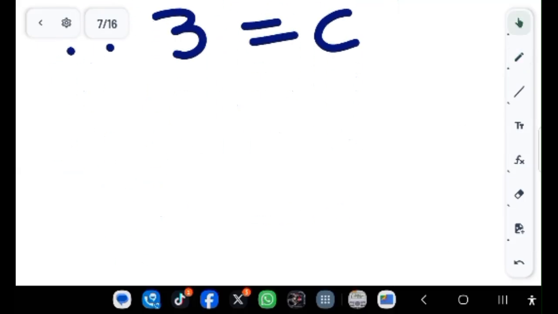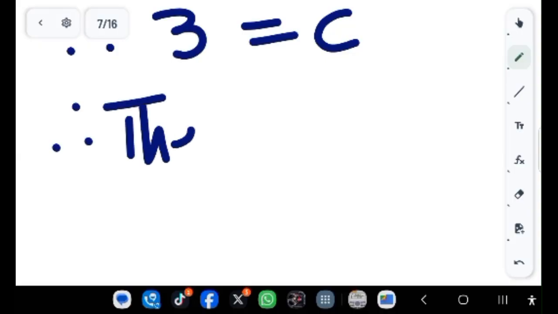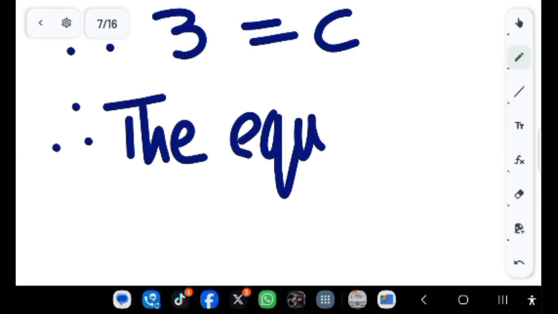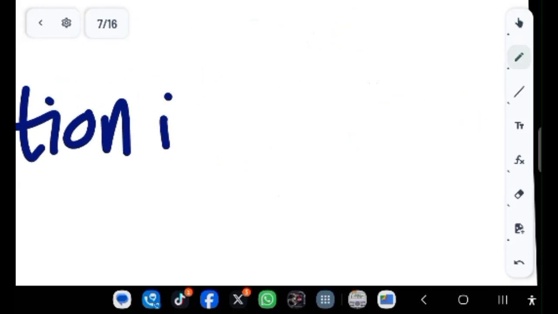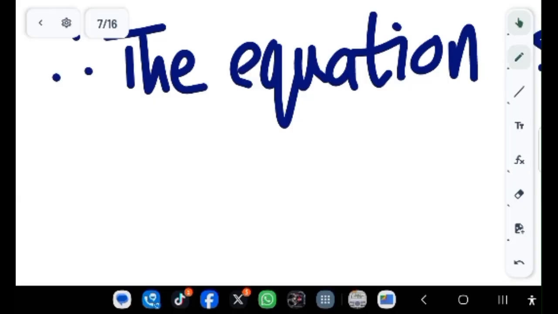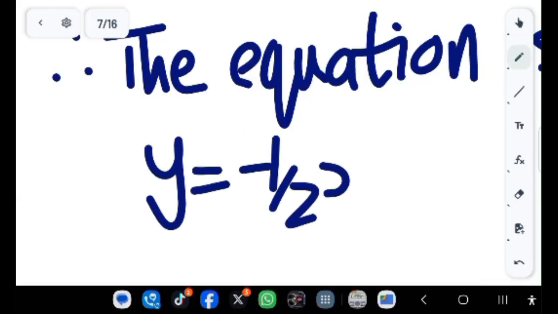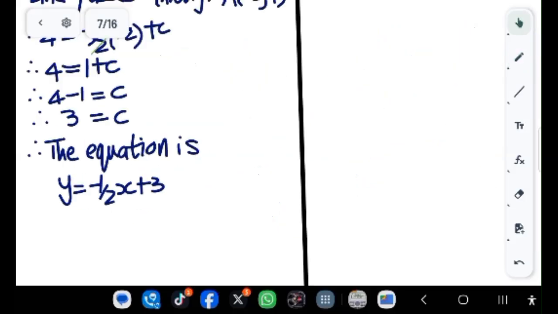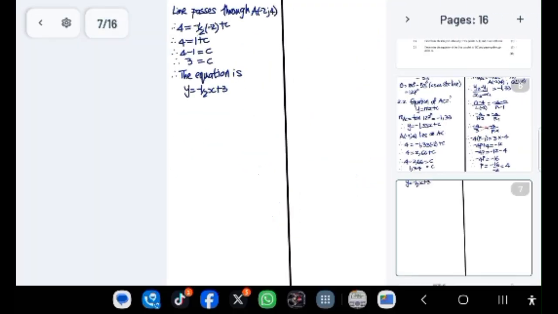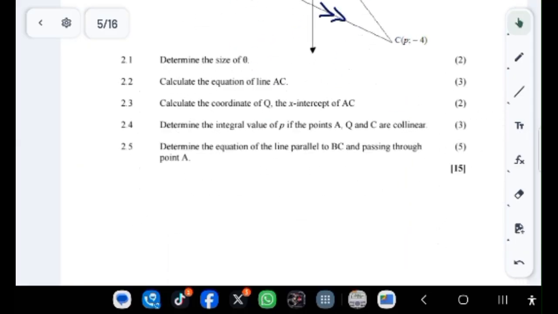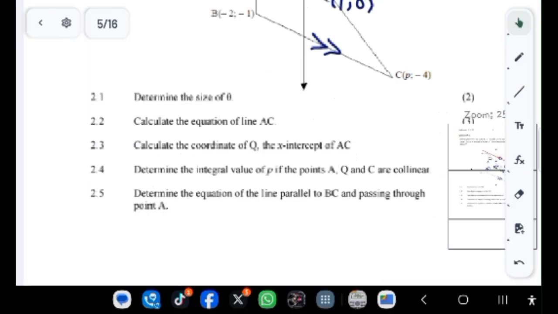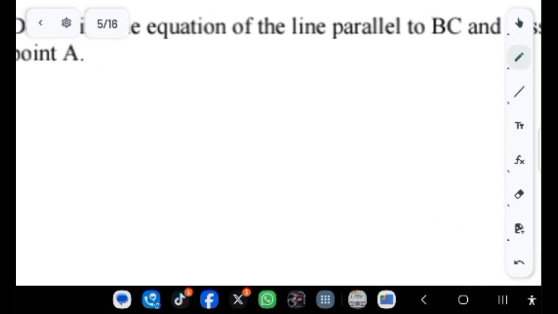Therefore, the equation is y equals -1/2 x plus 3. And that's how you find the equation of the line there. That was the last question on 2.5. Remember, parallel lines have equal gradients.